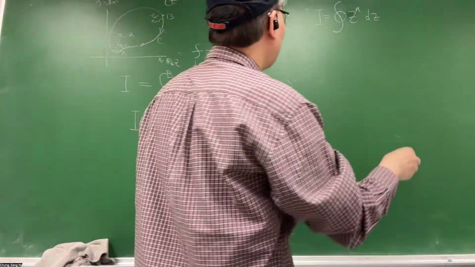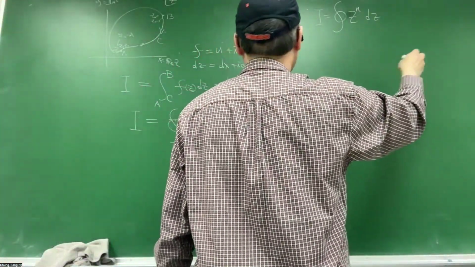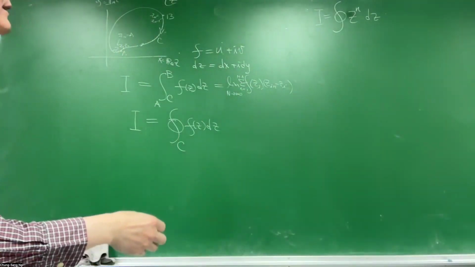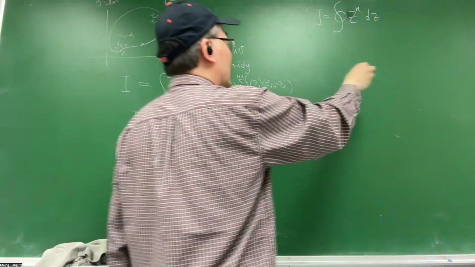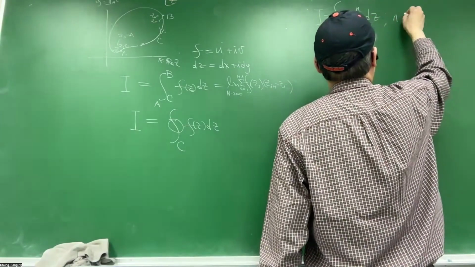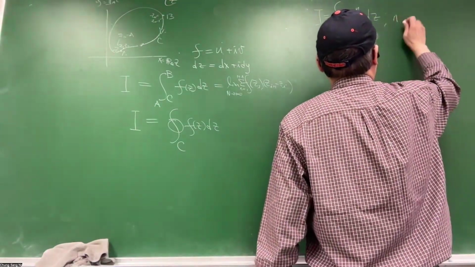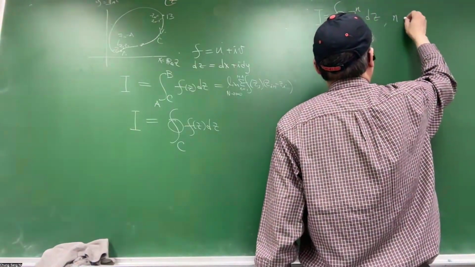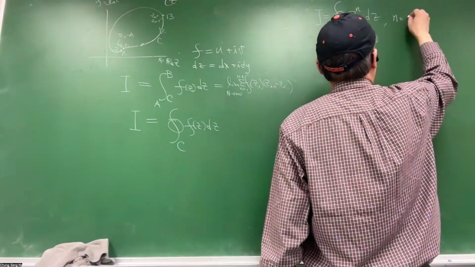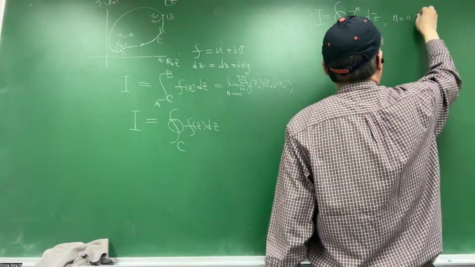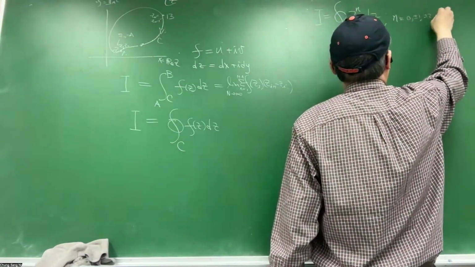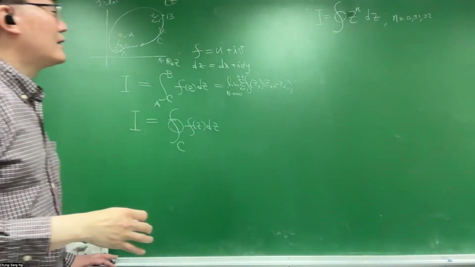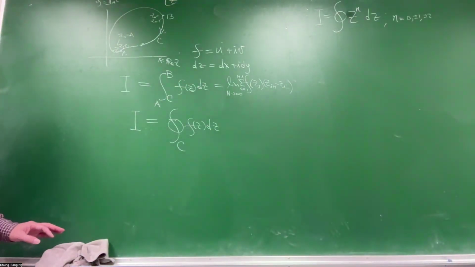And this loop, and this n is an integer. So n equals 0, plus or minus 1. n is an integer, right?